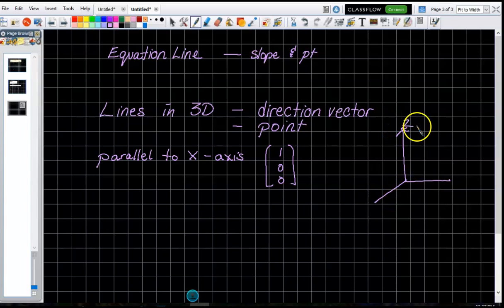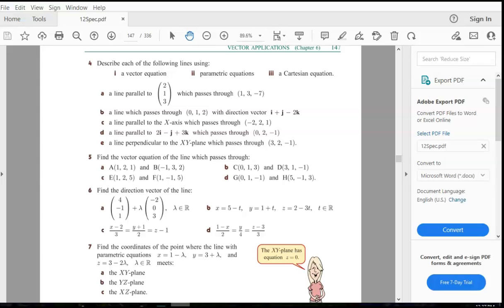Here's our z-axis, here's our y-axis, here's our x-axis. It's parallel to your x-axis, so we're not moving anywhere else. It's just coming out that way. Sweet? So you might come up with a few. If you get stuck, we can go through that in class on Tuesday, or you can just flick me something.